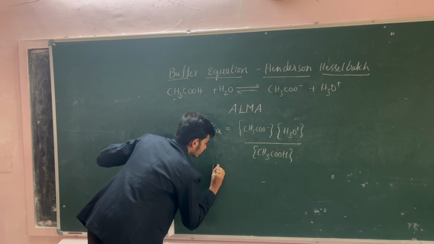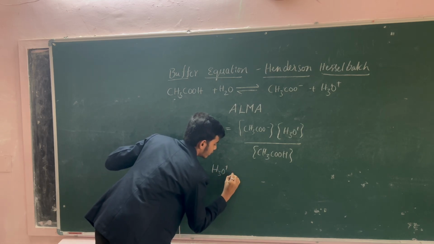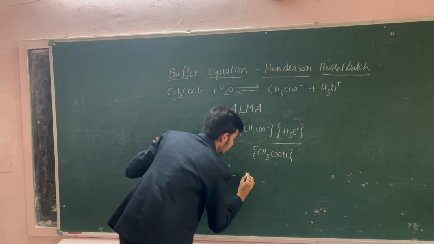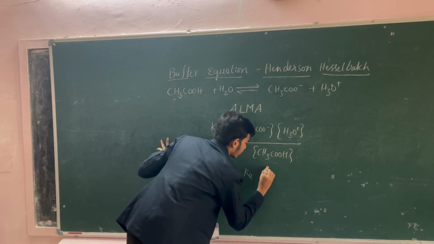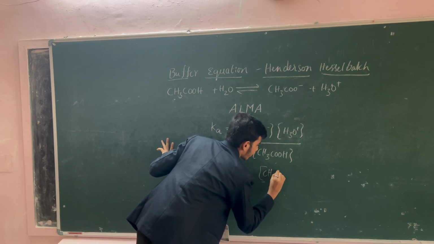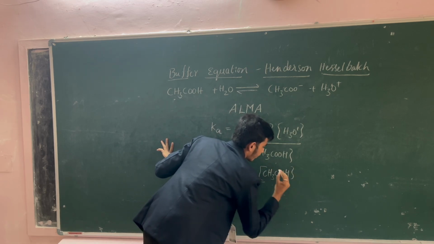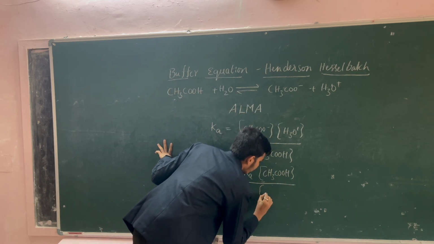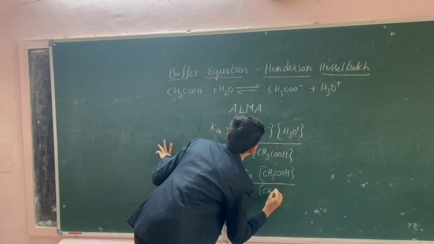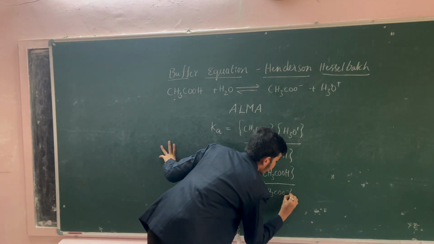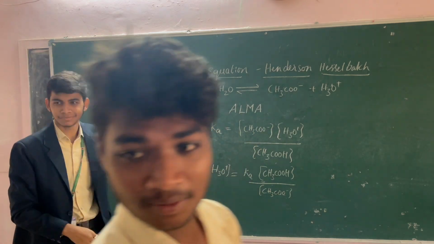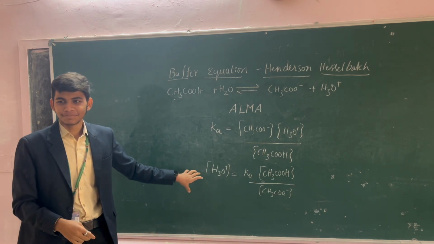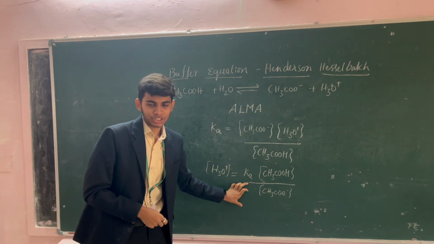Just doing the maths, H3O+ is equal to Ka multiplied by acid divided by salt, so one term goes to multiplication and the other to division. And this is the equation that we got.